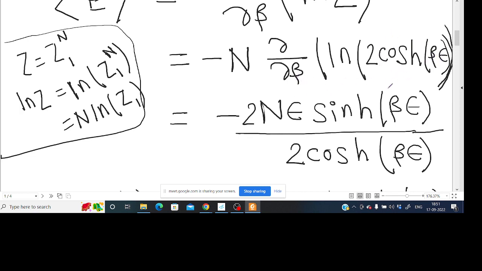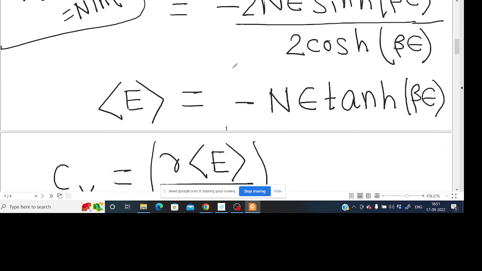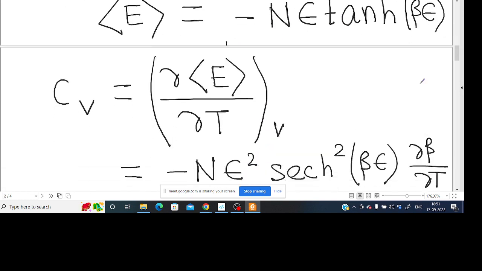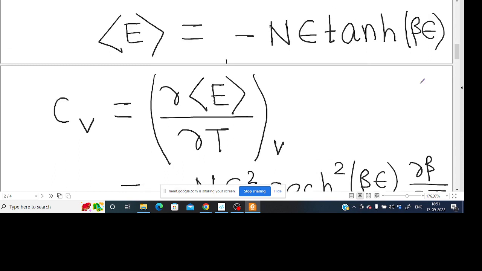If you do that, then you will get in the numerator 2 sin hyperbolic beta epsilon multiplied by epsilon. Now this is equal to minus n epsilon into tan hyperbolic beta epsilon.